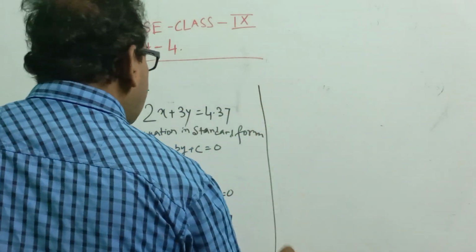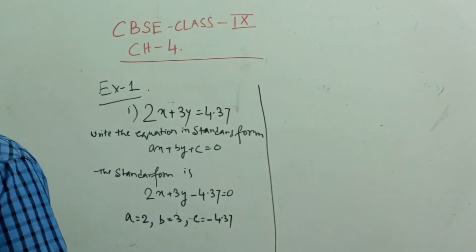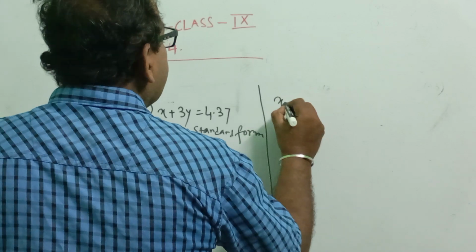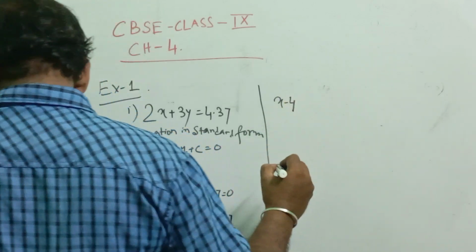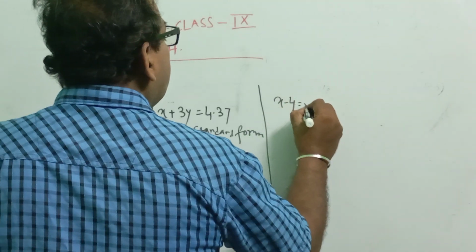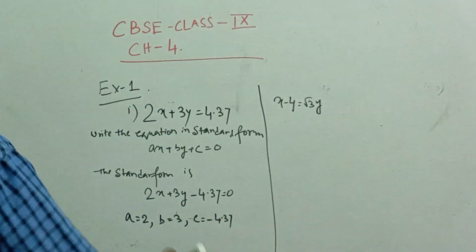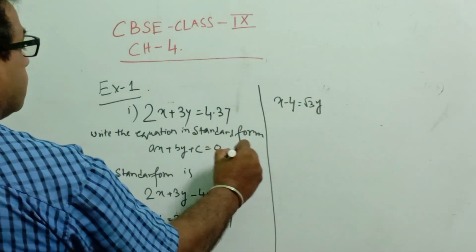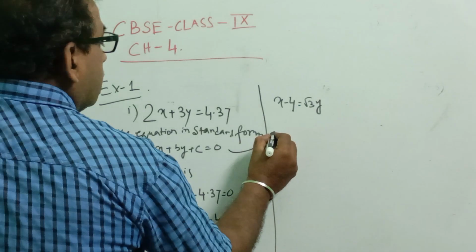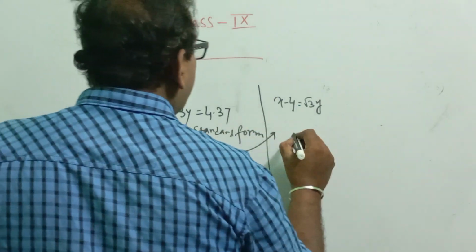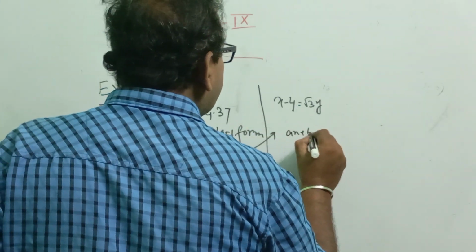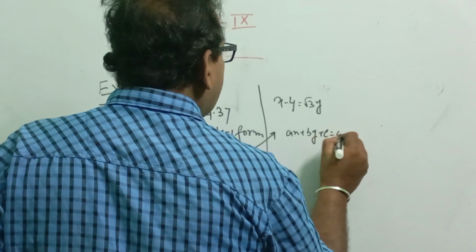Now number 2, they have given x minus 4 is equal to root 3y. Again we have to write the same thing, ax plus by plus c is equal to 0.